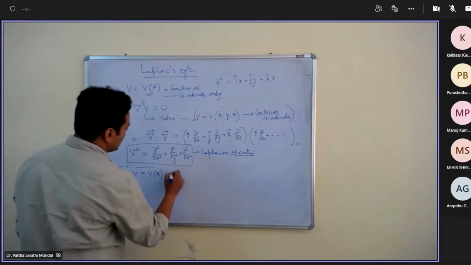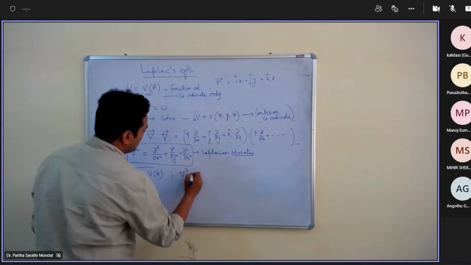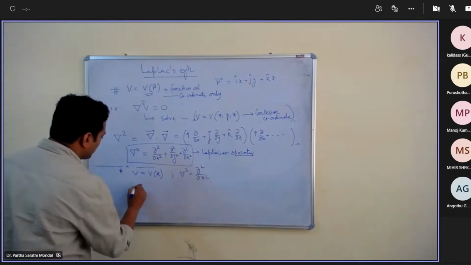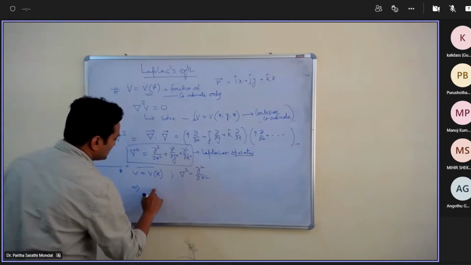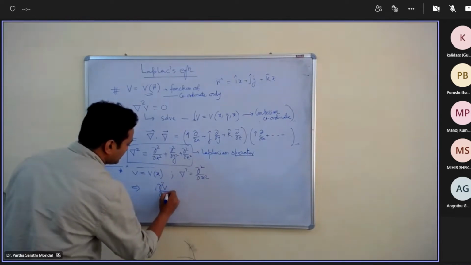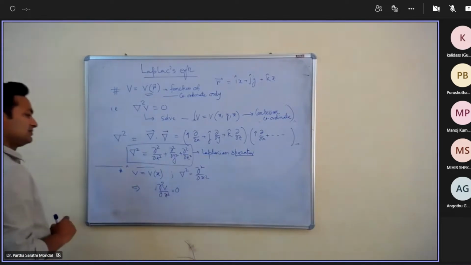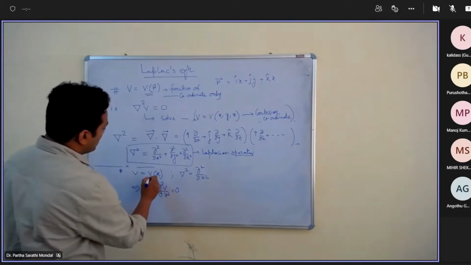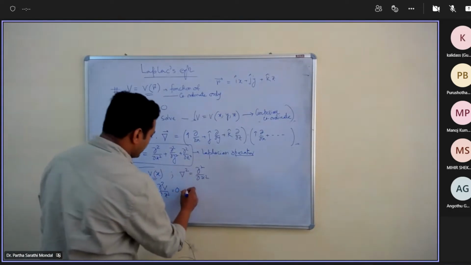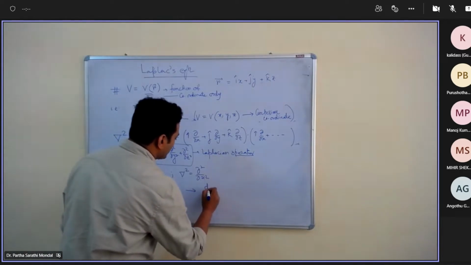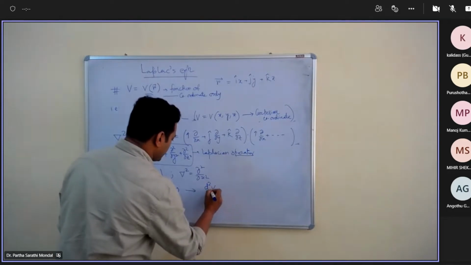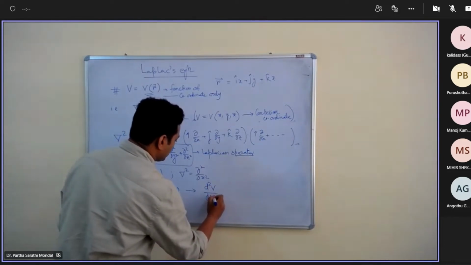In that case, your Laplacian operator will be just this one, and your Laplace equation will be just del square V/del x square equal to 0. Since V is only a function of x, there is no point in writing a partial derivative. It becomes a complete derivative, d square V/dx square equal to 0.